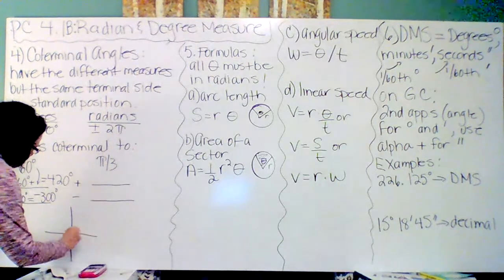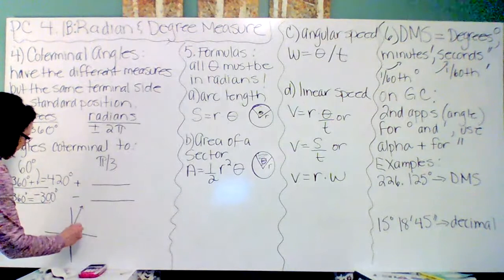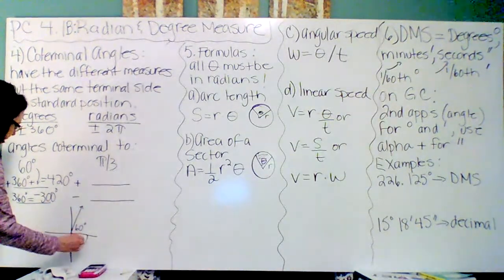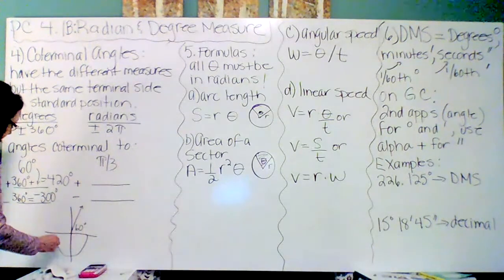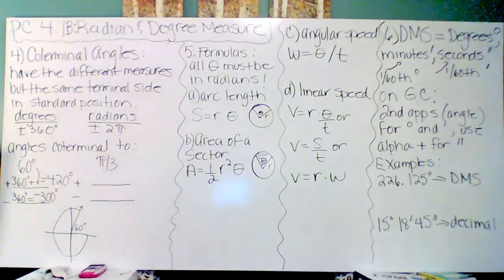Again, here is our 60-degree angle. If I had you rotate a negative 300 degrees, you would go negative 90, negative 180, negative 270, and say, oh, I have to go 30 more. There's a negative 300, and you would have the same terminal side.